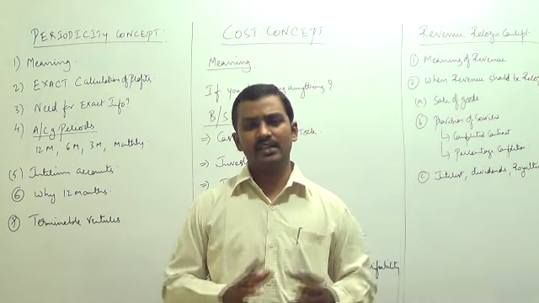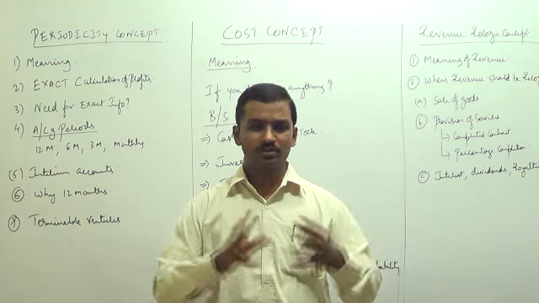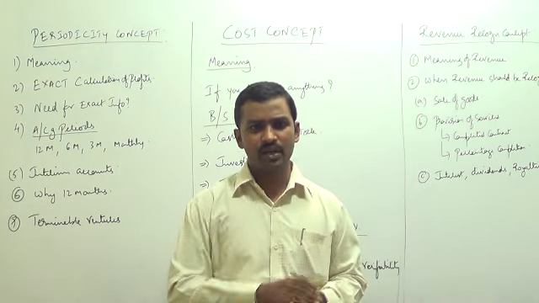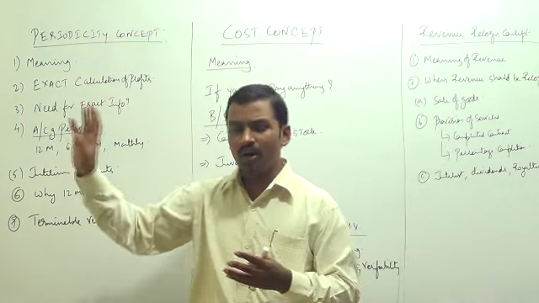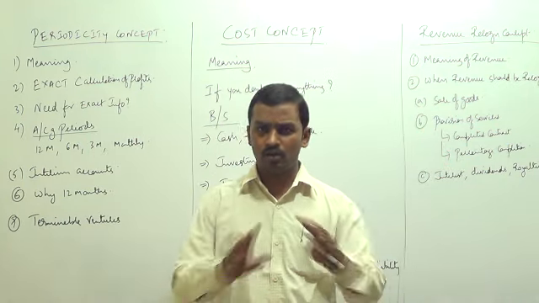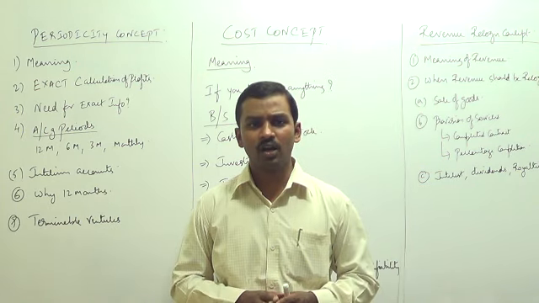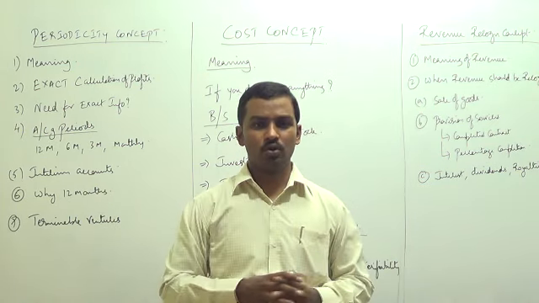Now, after 20 years, he has closed down the business and he tells you that I sold all the assets of my business. I repaid all my creditors, all my bank loans. I have repaid everything. Now, I am left with 1 crore rupees.